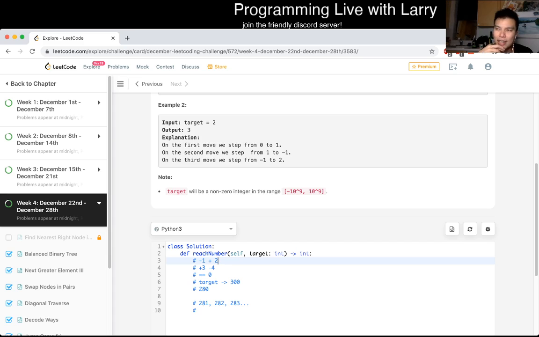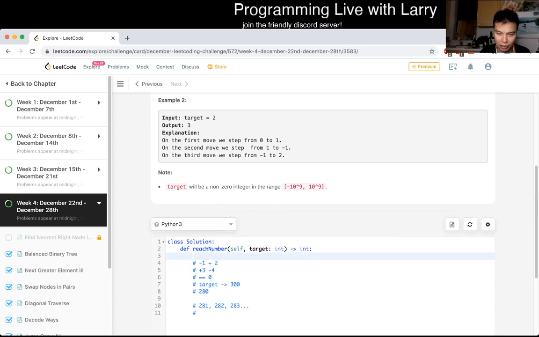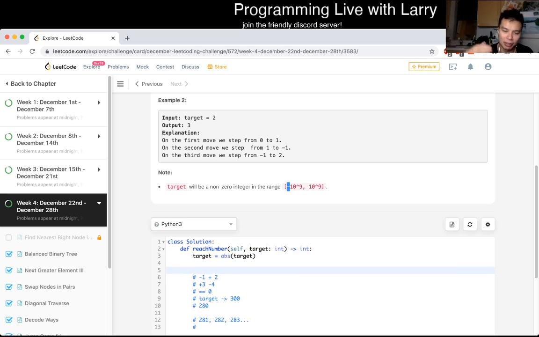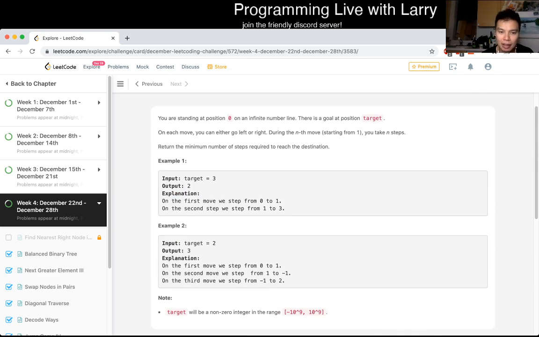Because in theory, if you do something in a greedy kind of way, I think the optimal answer will probably be around the square root of the target, or the square root of the absolute value of the target if given as negative. And without a loss of generality, you could just make it the absolute value, because if it's negative, we have to go left, but by a symmetry argument, you can just go the other direction, right? So we can do that without thinking about it too much anyway. I guess I thought about it a little bit.